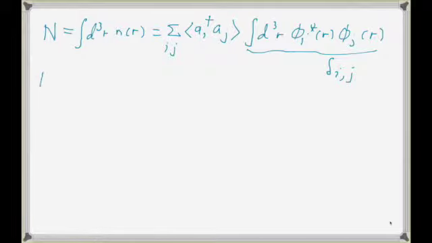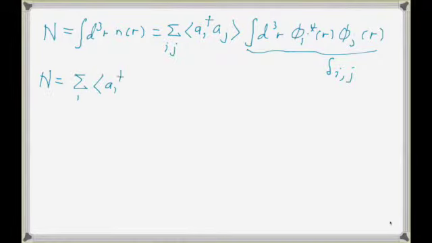So I have that n is equal to sum i, ai dagger ai, which is just equal to sum i rho ii, which is just the trace of the density matrix. So this is the usual type of relationship between total number of particles and trace of the density matrix.